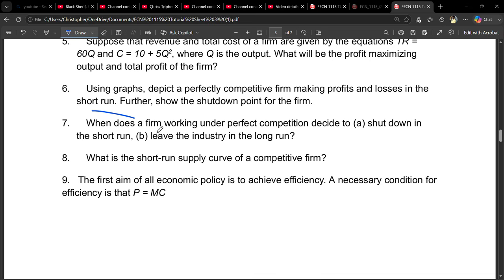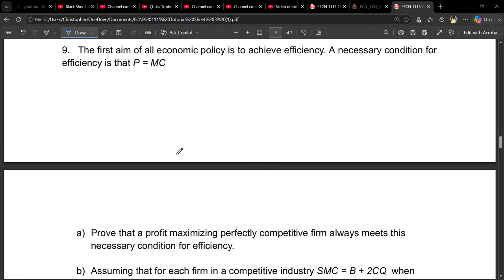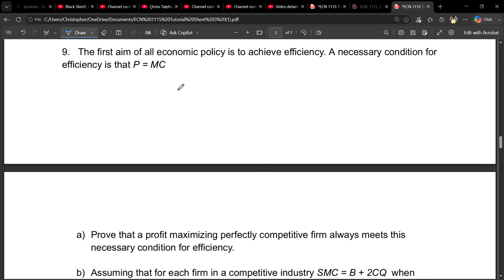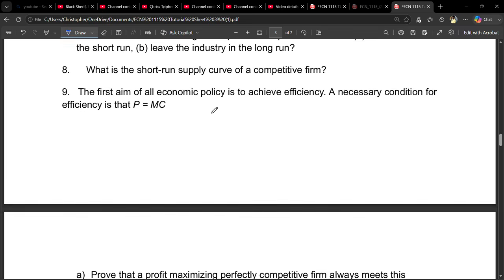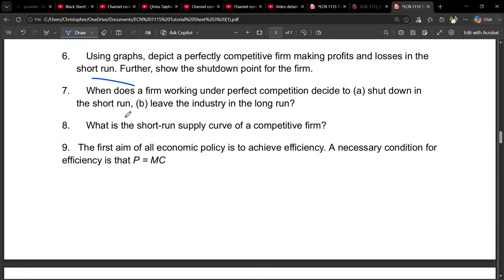When does a firm working under perfect competition decide to A, shut down in the short run, B, leave the industry in the long run? Here you can use graphs or you can also just explain.